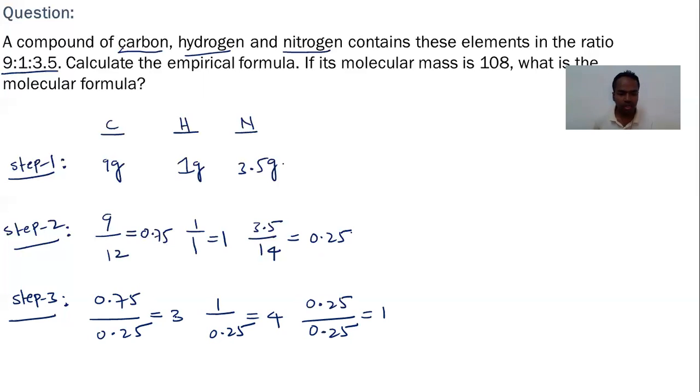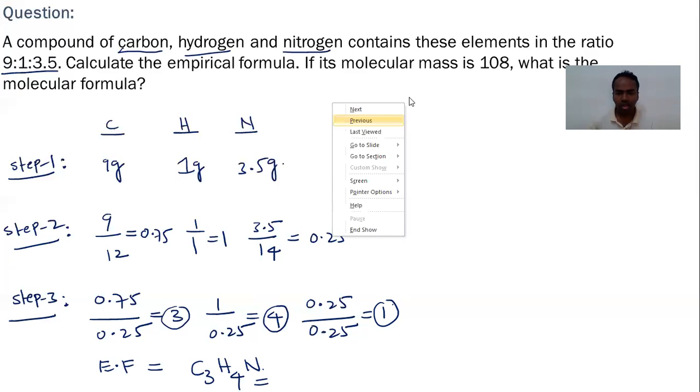How many carbons are there? 3 carbons, 4 hydrogens, and 1 nitrogen. So the empirical formula is C3H4N.